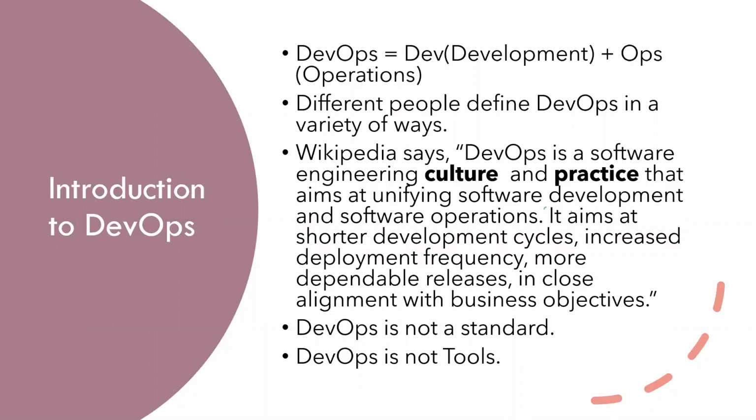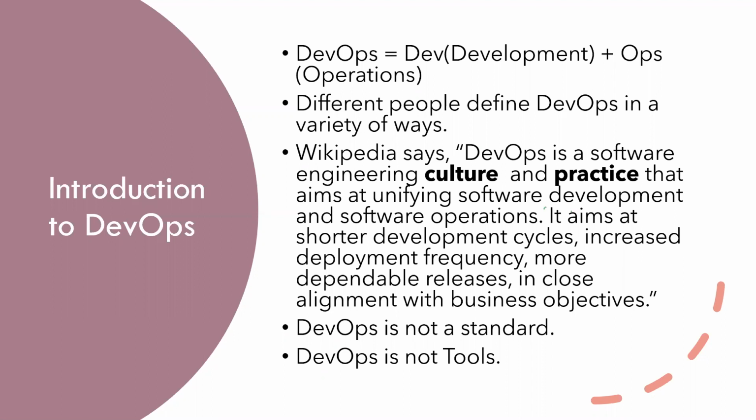So what is this cultural movement? This cultural movement is to bridge the gap between the development and operations teams. How and why, we will see in a few hours. This culture came into the picture to bridge the gaps between the development and operations teams, and this culture has given rise to a set of best practices.